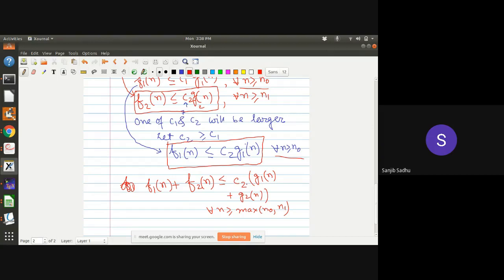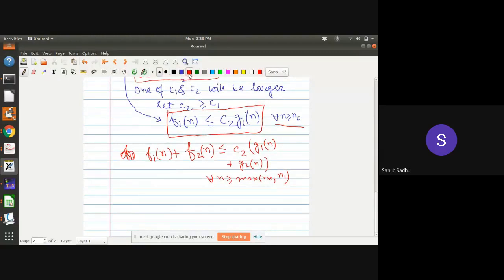Now suppose G1 in this case is a quadratic function, some n square plus 2n plus something, and G2 is some linear function, say 3n plus 2. Which one is the larger? G1.